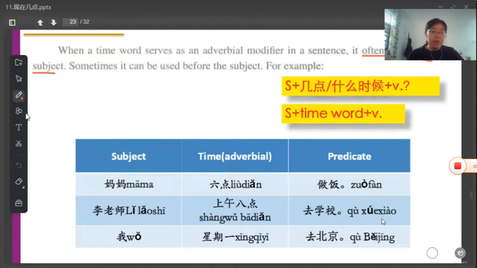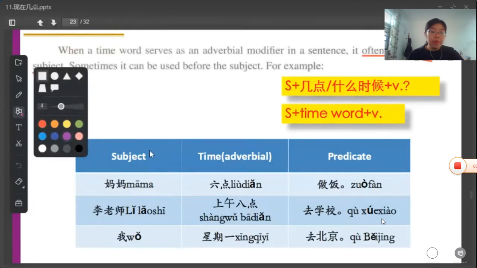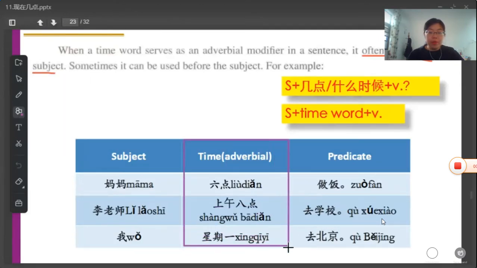So please pay attention to the time word. Because in English, we can put the time word at the beginning of the sentence or at the end of the sentence. But in Chinese, we must follow the rules. We put the time word after the subject.